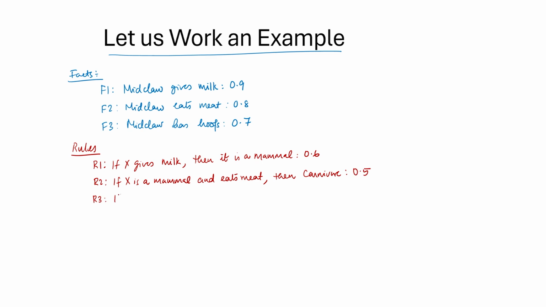R3: if X has hoofs, then X is carnivore. Let us say we change the rule now, and just say carnivore, 0.4.